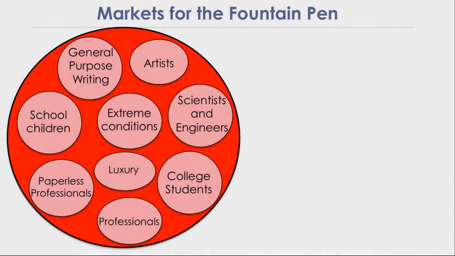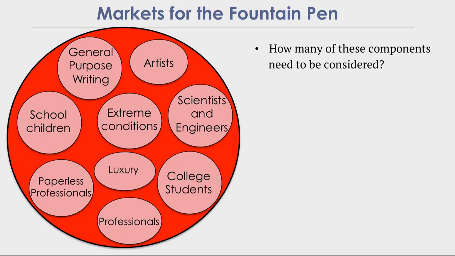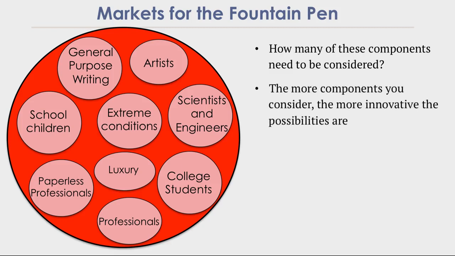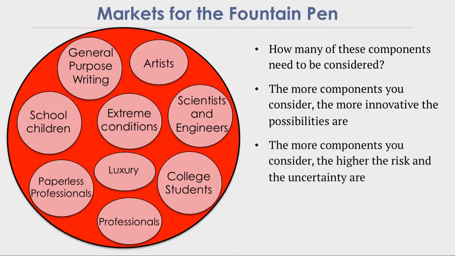So just like with the technology space, one can ask, well, I could make an infinite number of these, and I could make one. And so the answer is, depending on how innovative you want to be, you would consider more and more. So the more components that you consider, the more possibilities that you have to be innovative. Of course, the higher the risk and the longer the time it takes to investigate all of those different markets.